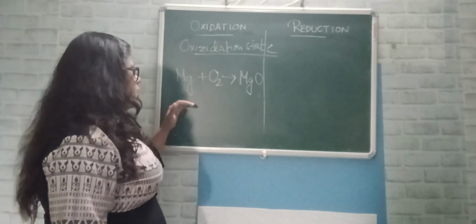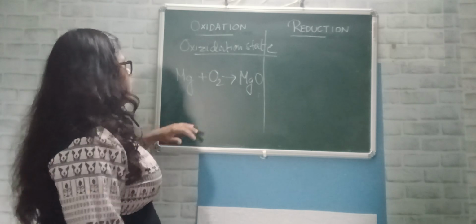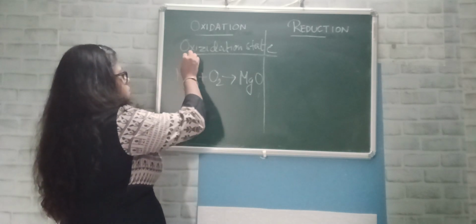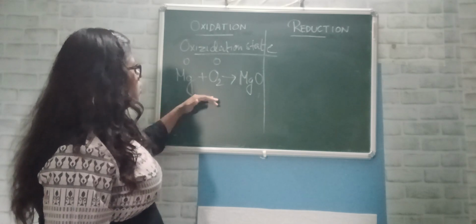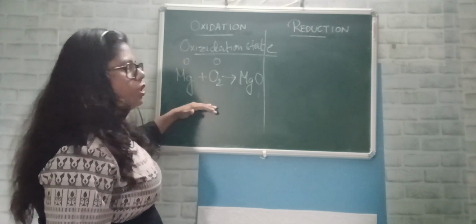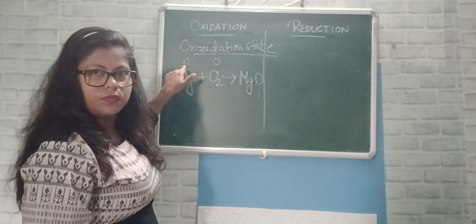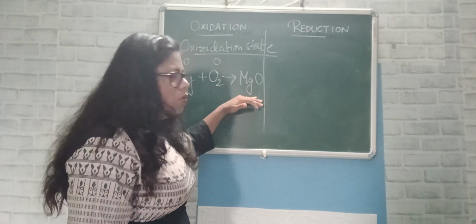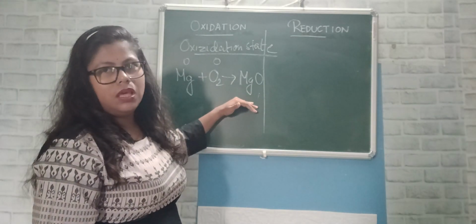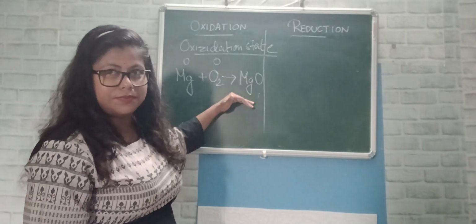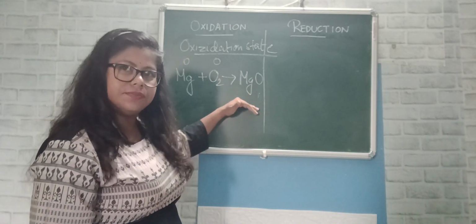Now, you have to understand that in a stable state, or when they are in molecular form, the oxidation state is always 0. And in the compound form, its oxidation state will be its valency.